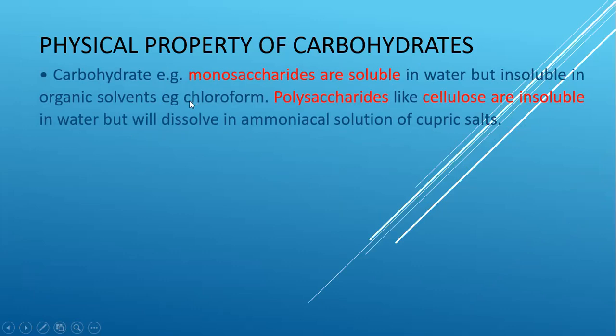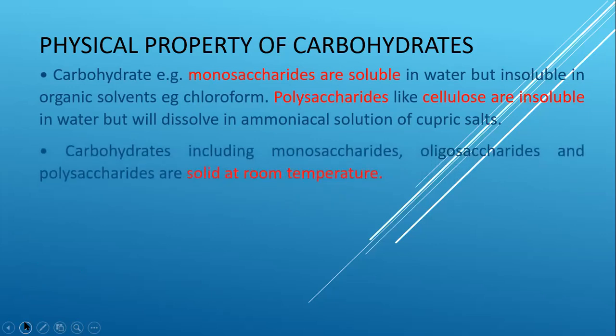When you put sugar, this sugar we drink, sucrose, in water, you also see it dissolves because some of those carbohydrates are soluble in water, but polysaccharides are not soluble in water. That's why when you put starch in water, you will still see the white particles of the starch because they are not soluble in water.